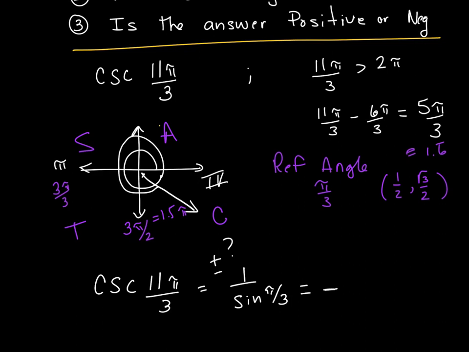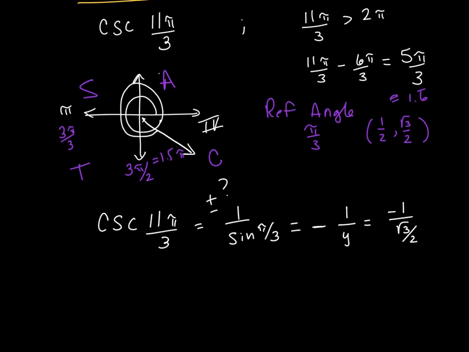And because this is the sine, it is going to be 1 over the y value, or negative 1 over the square root of 3 over 2, which when you simplify that will equal negative 2 over the square root of 3.